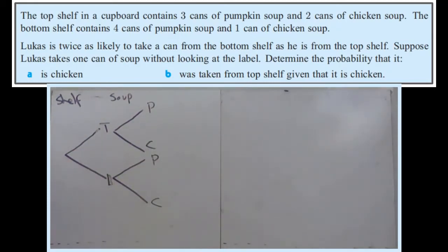So if we start with the shelf, it says he is twice as likely to get a can from the bottom shelf as he is the top shelf. You could form some kind of equation for this, but if you just think about it logically, it's twice as likely. You can put one of them as 2/3 and the other one as 1/3.